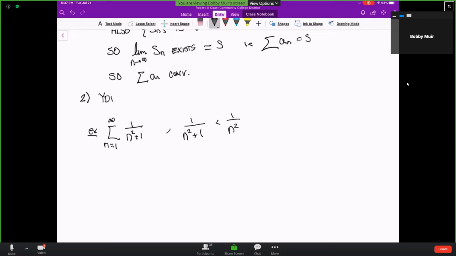When you make the denominator bigger, the fraction gets smaller. And the sum of the 1 over n squared converges. So by the comparison test, our series also converges.